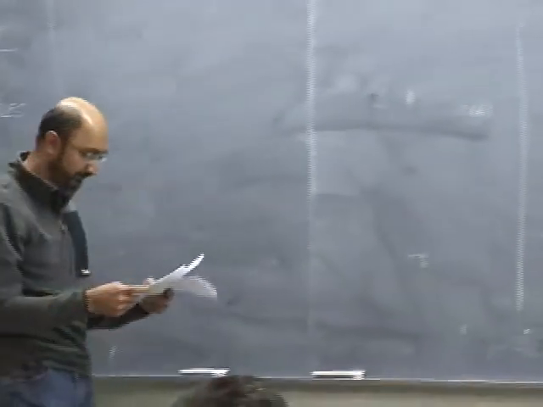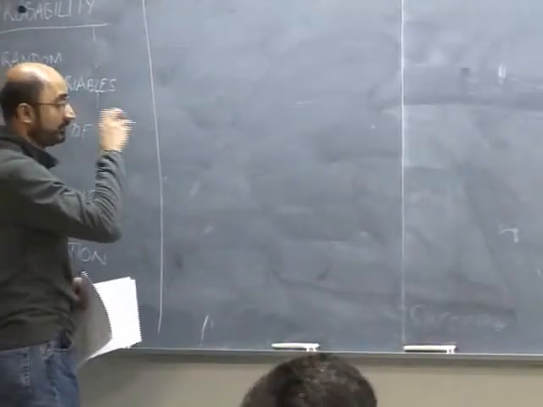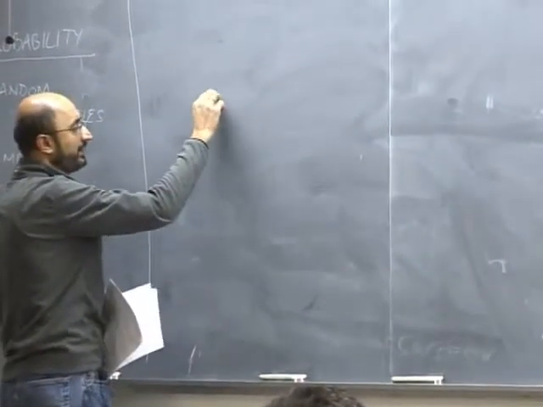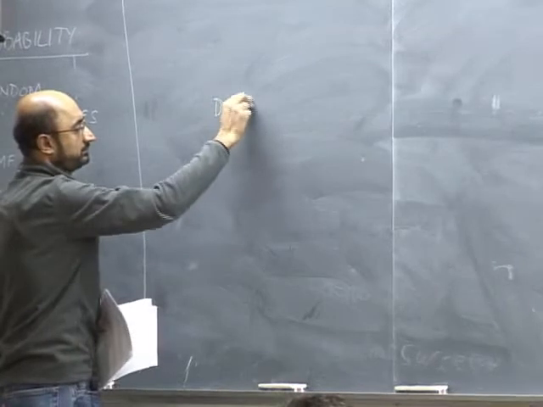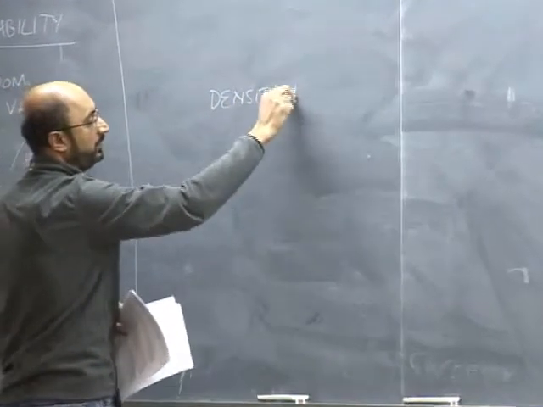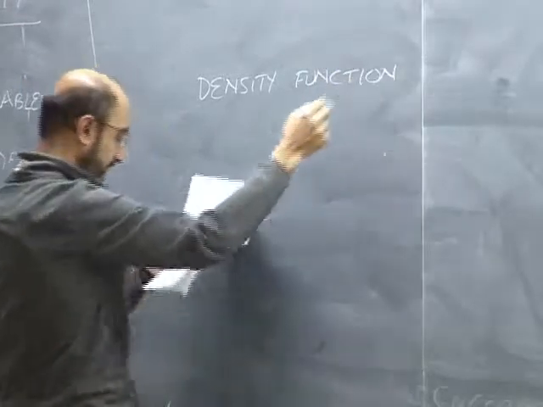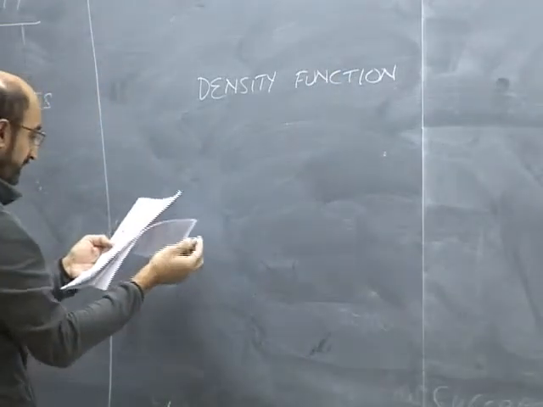In the continuous case, we actually have the following situation. We're going to define the density function, and the density function is also called the distribution. It's the same thing.